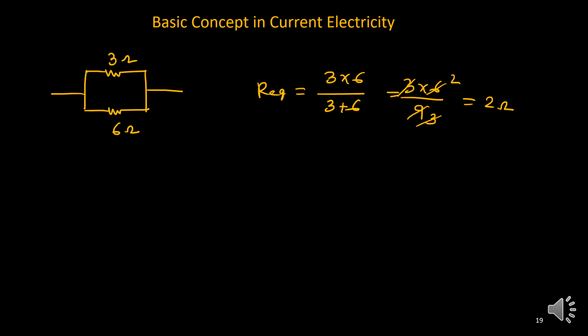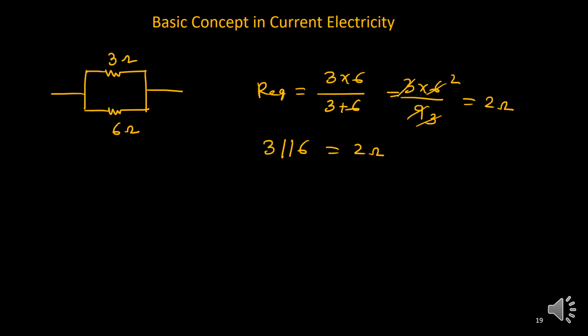So the combination of 3 parallel 6 will give you 2 ohm. That you need to understand quickly. Similarly, for 30 ohm and 60 ohm, you will get 20 ohms. It's very easy. Okay, we will solve a few problems on this topic, and from this only we can solve lots of problems from the JEE Main paper.